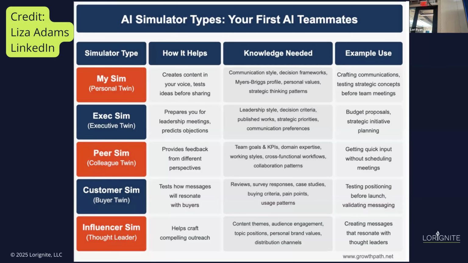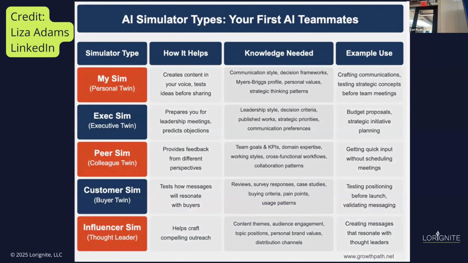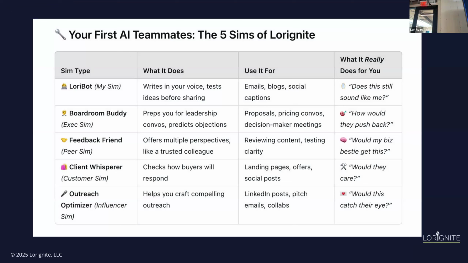It's frightening. And what it came out with was the 5 sins of Loring Knight. And now it's up to me, right? I could potentially turn these into custom GPTs to assist me in my business, whatever I'm approaching day to day.